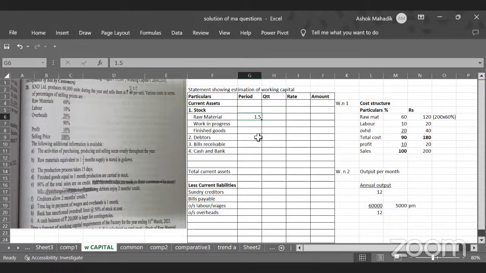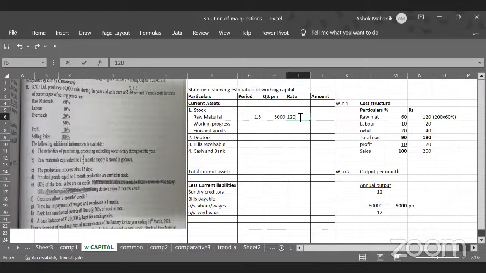Next, quantity. What is quantity? Quantity per month, which we have calculated. What is the quantity per month? We just calculated. It's 5,000. So you have to write 5,000 here. Understood? Then the rate of raw material. In the first table which we made, we got the rate as 120. That will be used here.